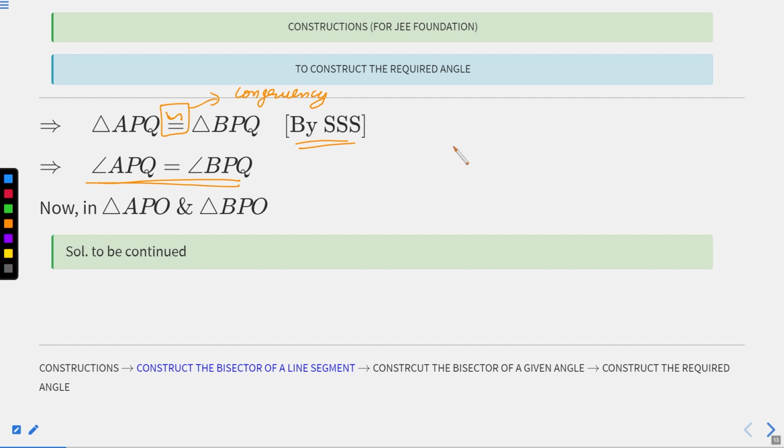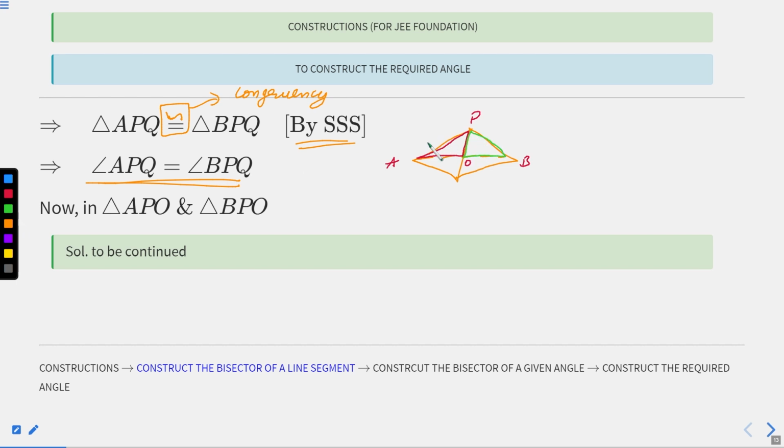And now after this we come to two other triangles. So now we will take this APO and BPO triangle. Okay, APO and BPO.